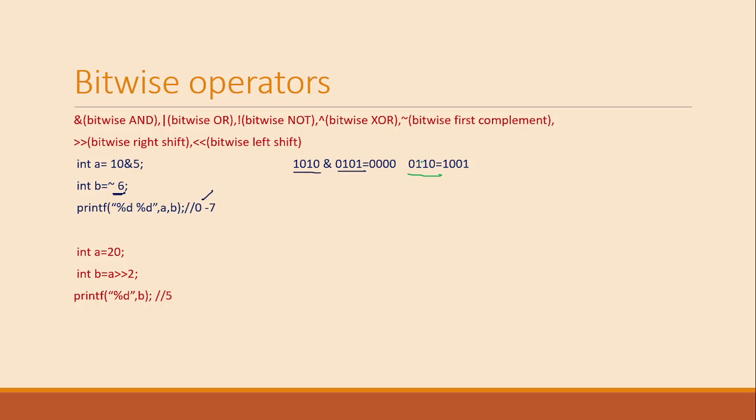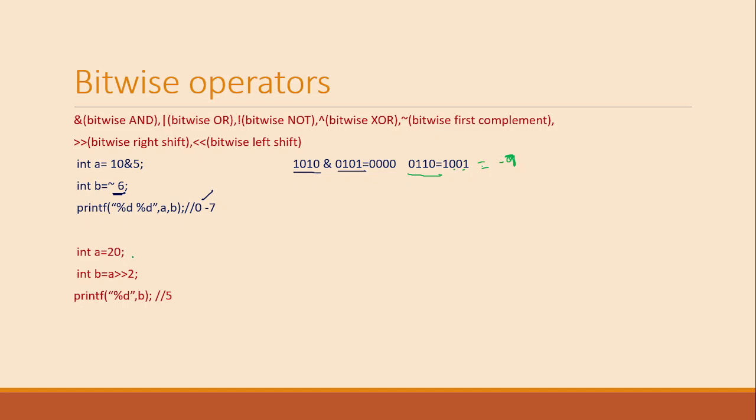Now when we complement it, all zeros will become 1 and 1s will become 0. So that is equivalent to 9 here. So now you will get a value called minus 7. So minus 7 in this case will be equivalent to this one, minus 7.